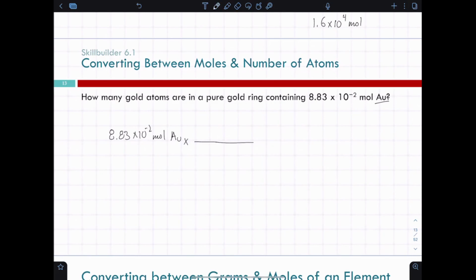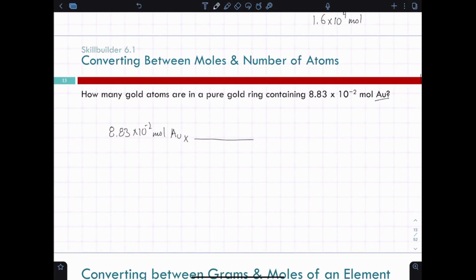All right, and so we're going to convert that. And then our conversion factor is that 1 mole equals 6.022 times 10 to the 23 atoms. And that could be atoms of anything.